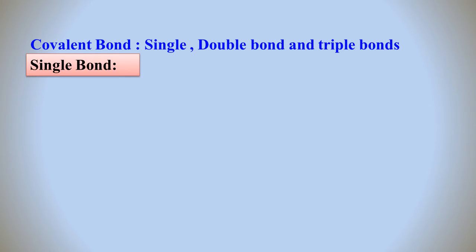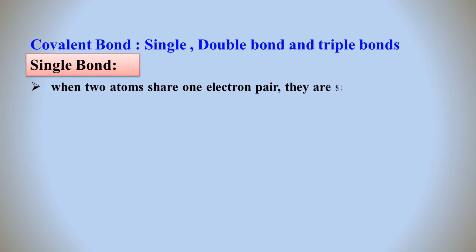The first one is the single bond, where each atom shares one electron, so the two atoms share one electron pair, and we say that we have a single covalent bond, and the electrons make a pair of shared electrons.